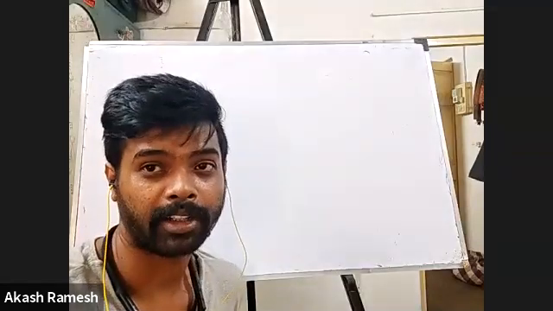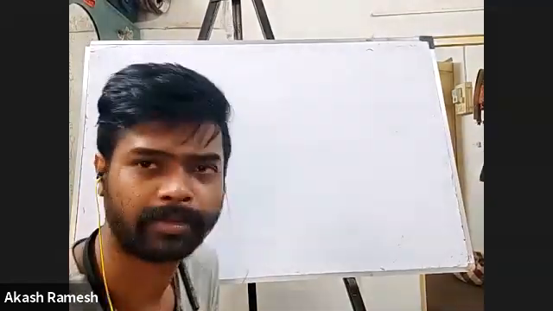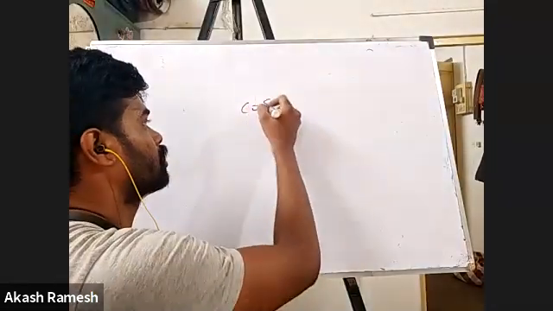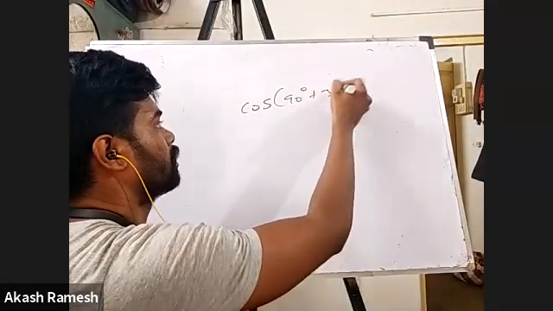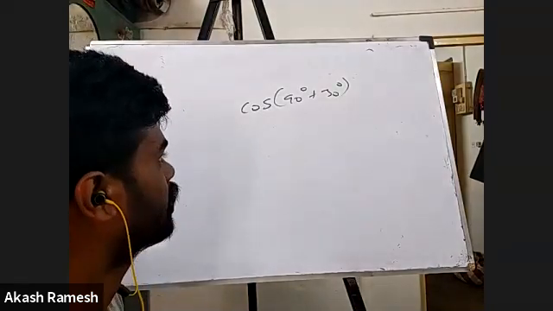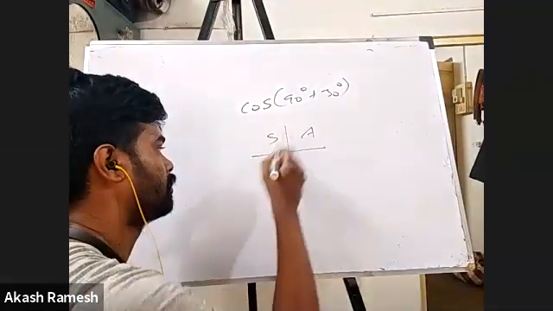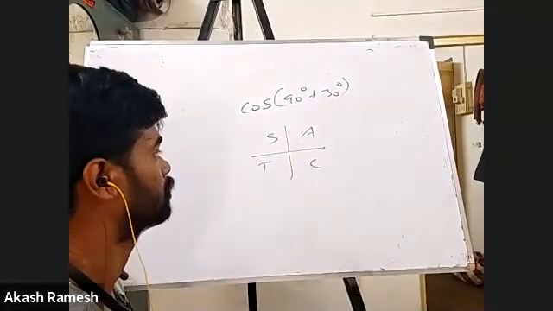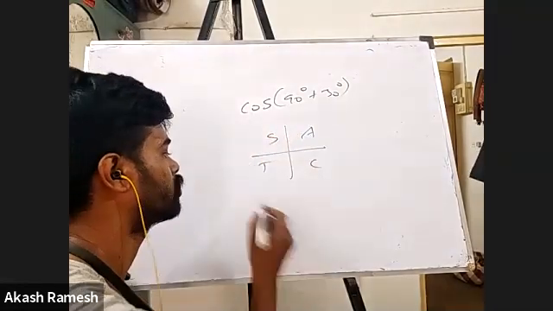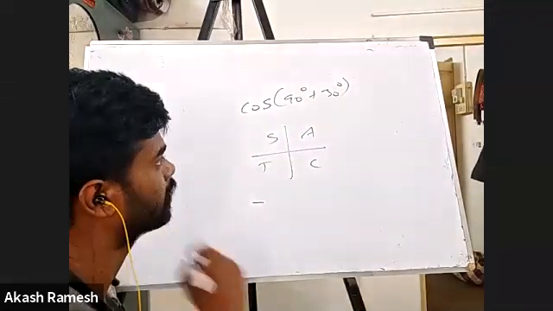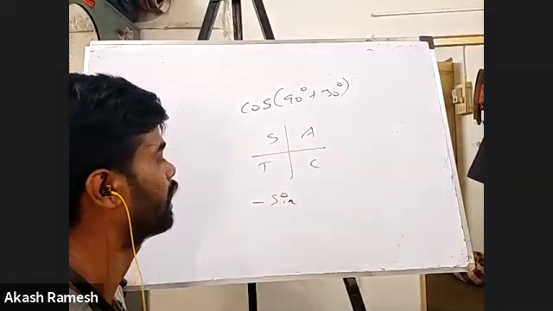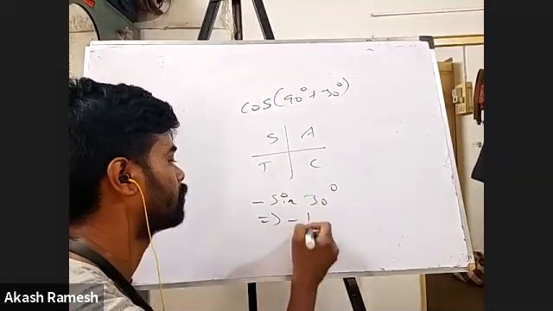What is cos 120 degrees? I can write cos 120 as cos of 90 plus 30, so it is cos of 90 plus theta. Cos is negative in this quadrant, and cos of 90 plus theta becomes minus sine 30, so it is minus 1 by 2.